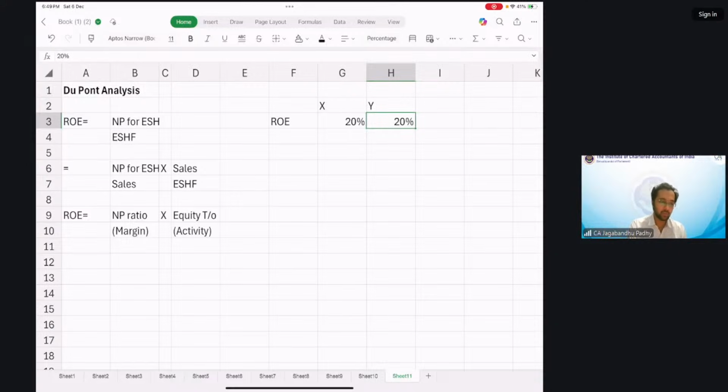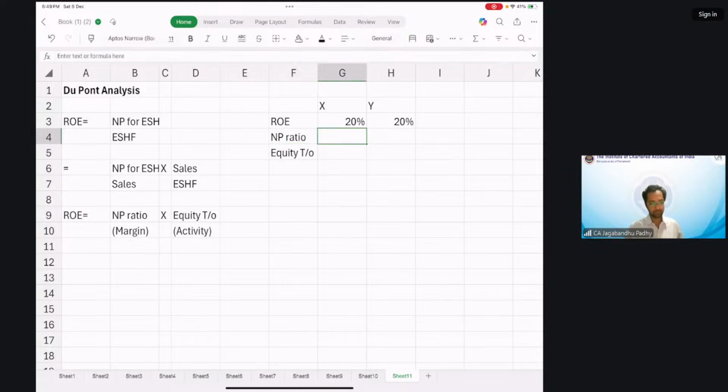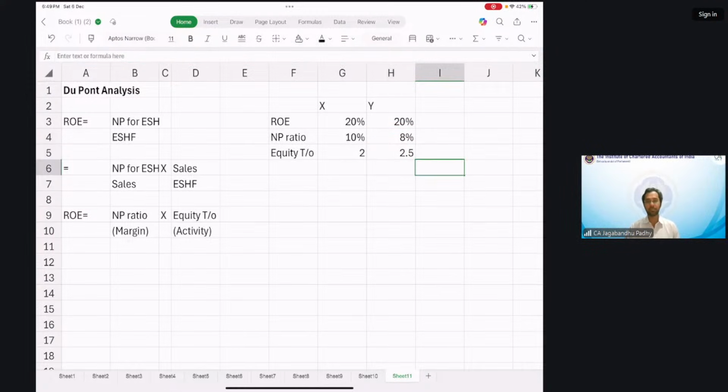But there should be something that is setting them apart. So I look at the net profit ratio and equity turnover. I find that for company X, net profit ratio was 10% and equity turnover was 2 times, whereas for the other company, net profit ratio is 8% and the equity turnover is 2.5 times.